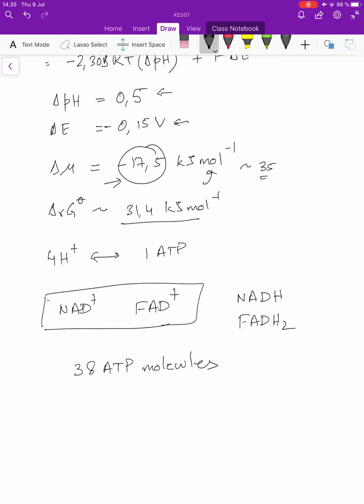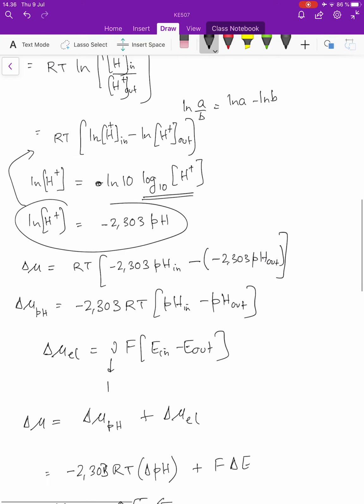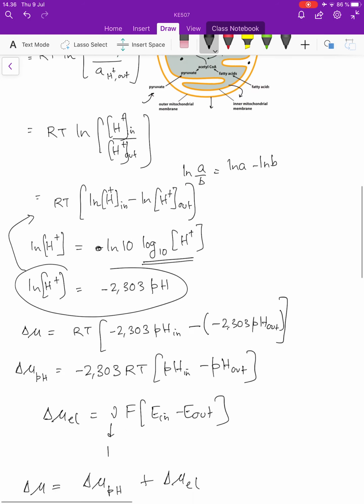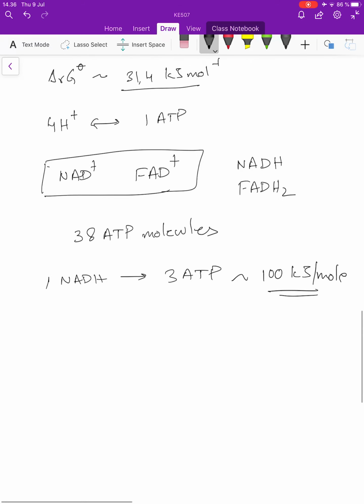So the oxidation of a single molecule of NADH produces about 3 ATP, which is about 100 kilojoules per mole. You can compare this to the free energy of NADH oxidation, which is about 219 kilojoules per mole.